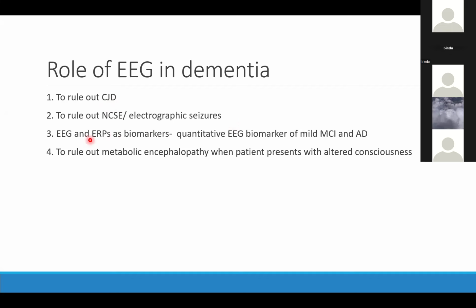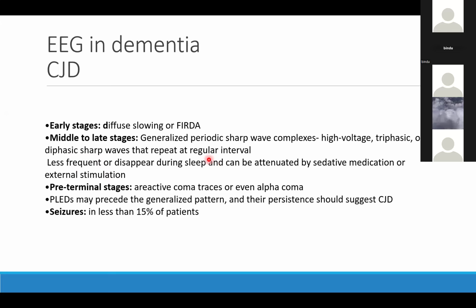In dementia, EEG, quantitative EEG and event-related potentials can be used as biomarkers for mild cognitive impairment as well as AD. It also helps to rule out metabolic encephalopathy when patients present with altered consciousness.